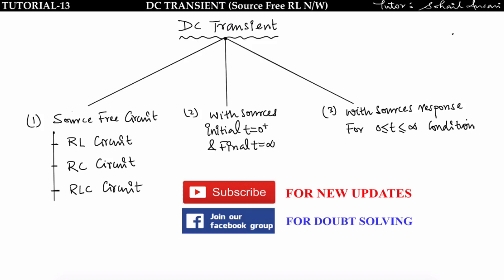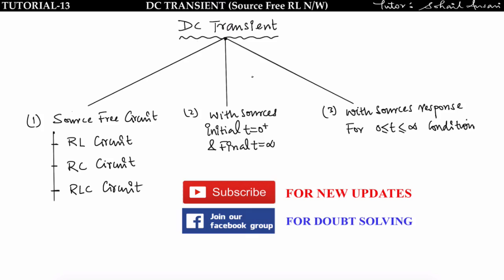Now I will make the third circuit for t greater than 0, and for t greater than 0 the inductor can be replaced by its equivalent circuit, and all the energy present in the inductor will get dissipated across the resistor, and finally at a steady state the energy present in the network will be 0, and the current will decay exponentially, given by i(t) is equal to I naught e to the power minus t upon tau. So in this way we can find the response of any source free RL circuit.